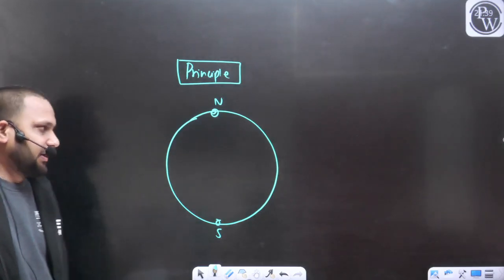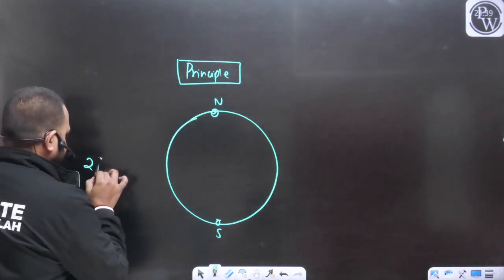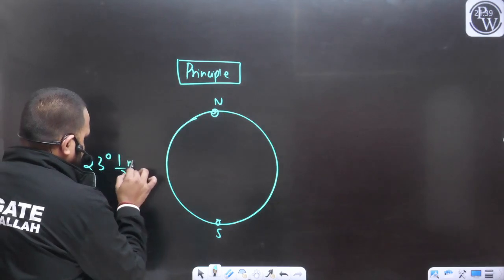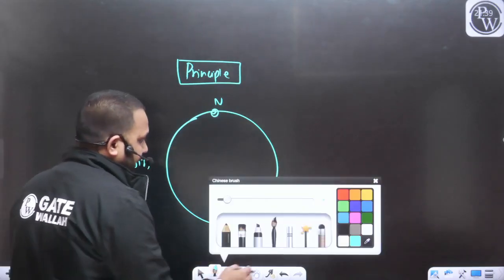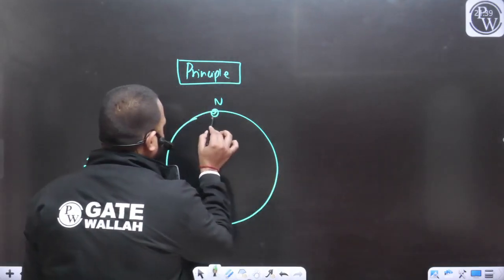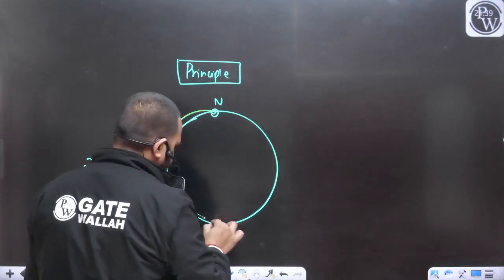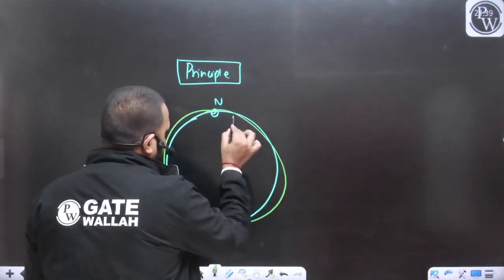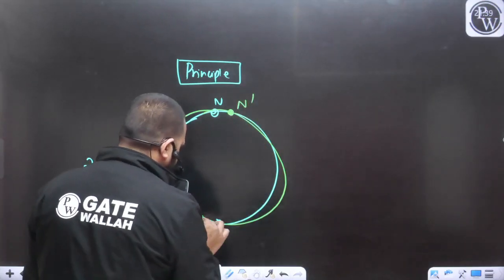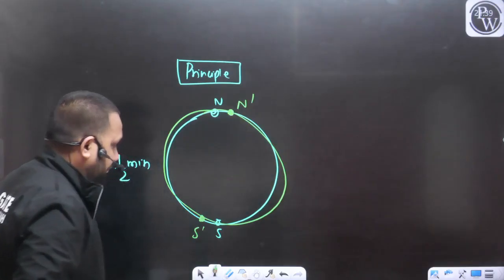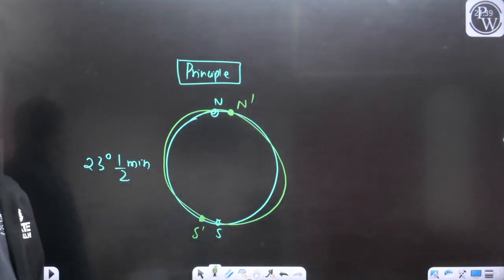And that tilt angle is 23.5 degrees, so we are seeing this position of our earth. That's why we are getting one more north and one more south.